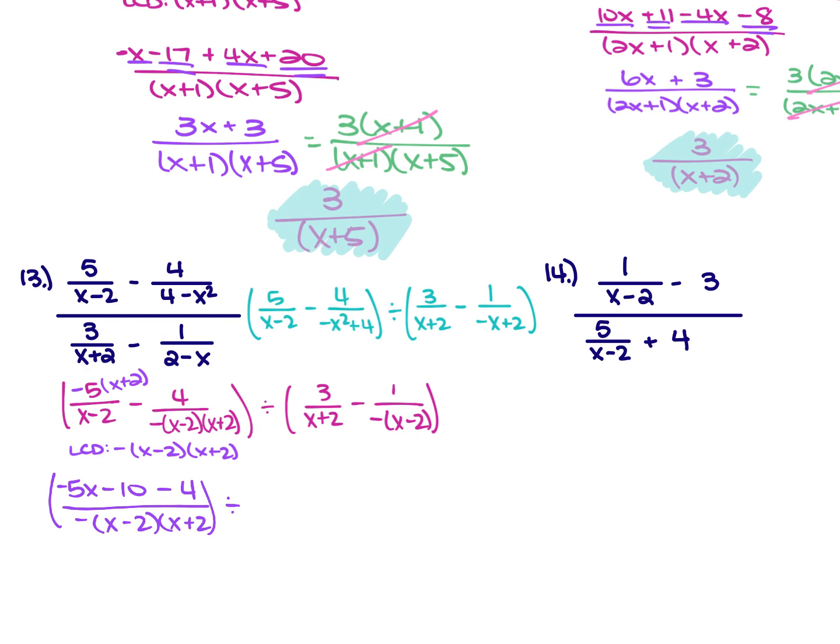The second set of parentheses, your least common denominator is the opposite of (x − 2)(x + 2). Your first fraction in there needs the negative, so we'll make that 3 a negative 3. It also needs the x − 2. So we're going to distribute the negative 3 into the x − 2, and that gives us −3x + 6.